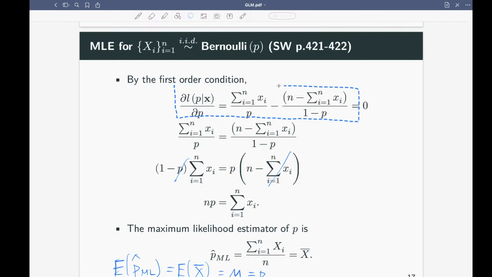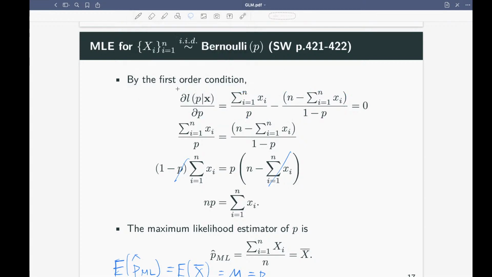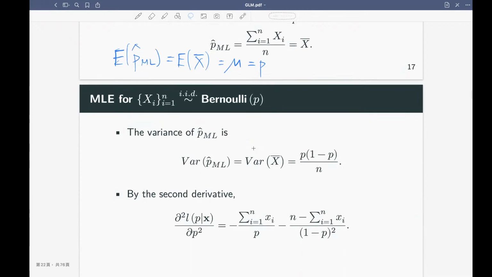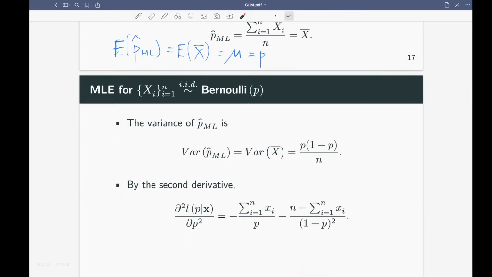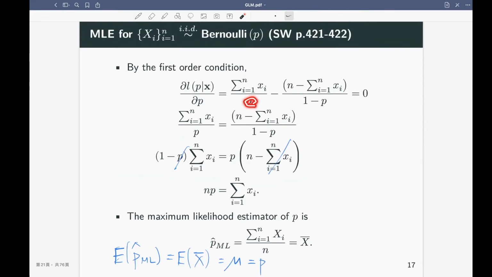So you can see here to do the second derivative with respect to p, here is a p with a power of -1.